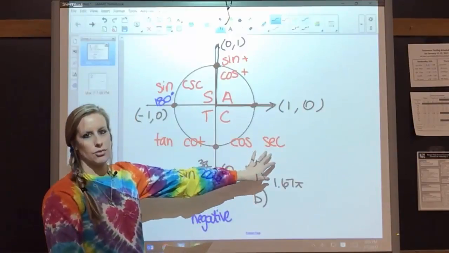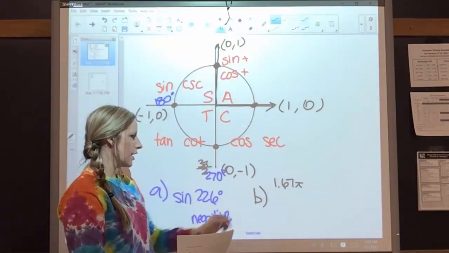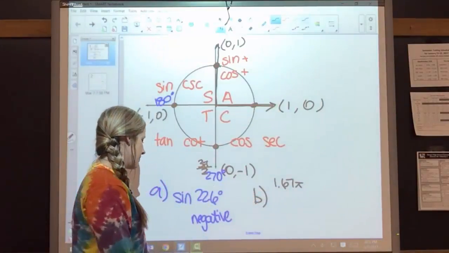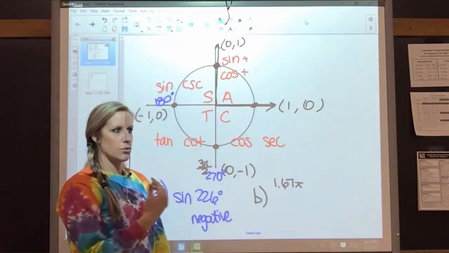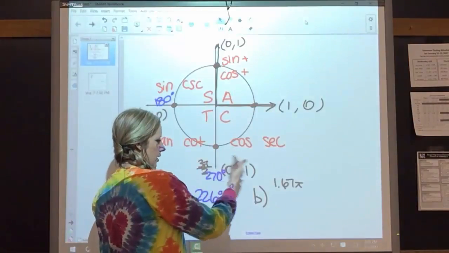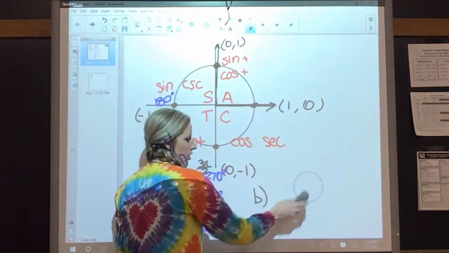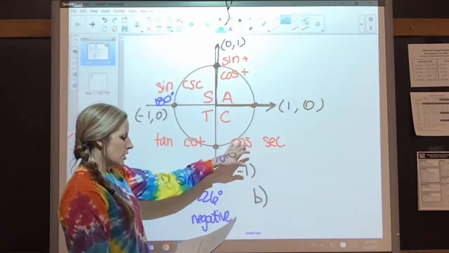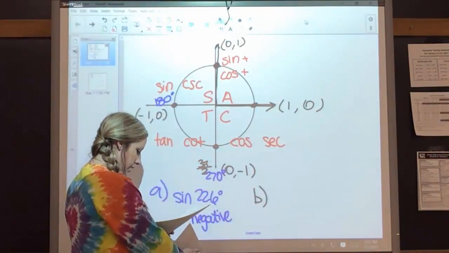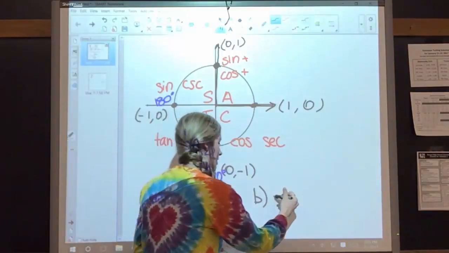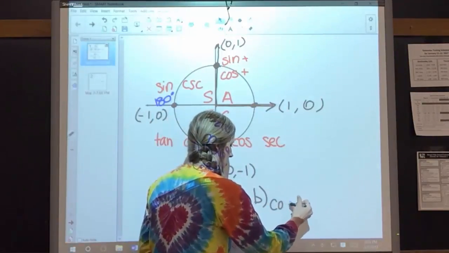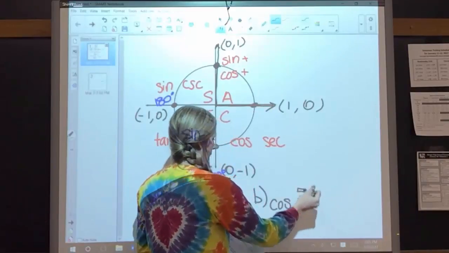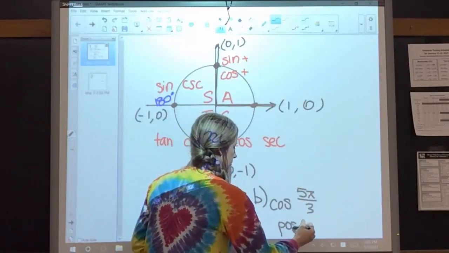So we're talking about quadrant 4. So if it helps you to have the decimal, you can do that. If you know 5/3 is greater than 3/2 and it's in quadrant 4, then go for it. But we're talking about quadrant 4. And it wants to know is cosine positive, negative, or zero in quadrant 4. And it is positive.